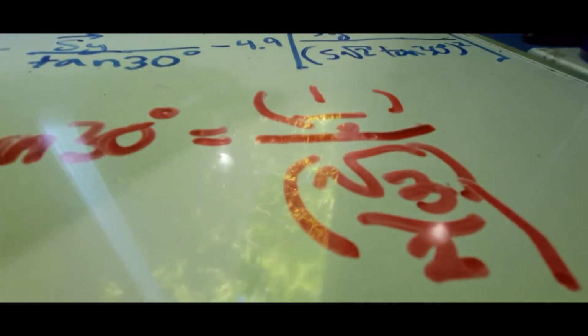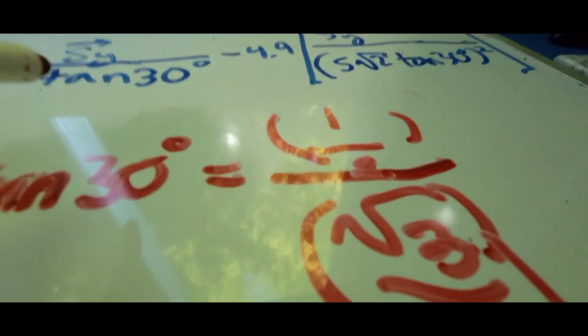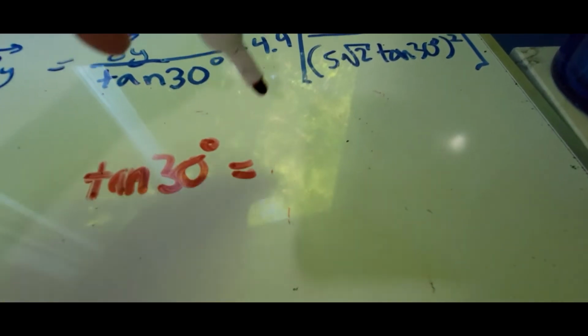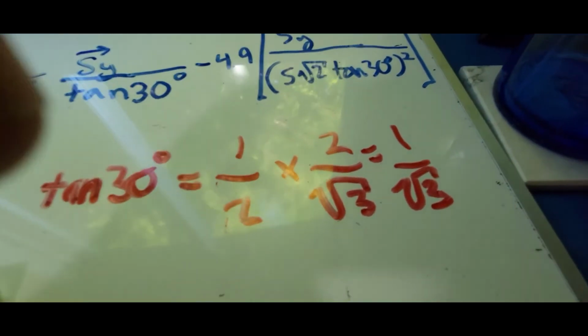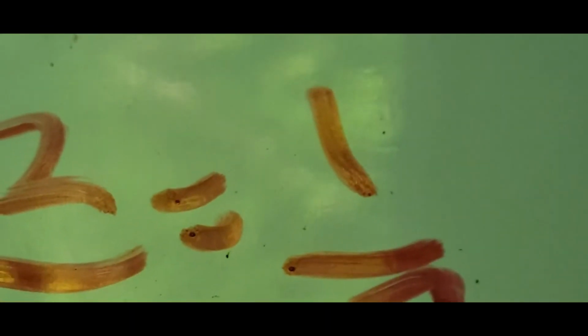And the reason I know this is because this is the same thing as sine of 30 degrees, which is 1/2, over cosine of 30 degrees, which is radical 3 over 2. If you were to calculate this, it would be the same thing as 1/2 times 2 over radical 3, which is 1 over radical 3. So that is the tangent of 30 degrees.